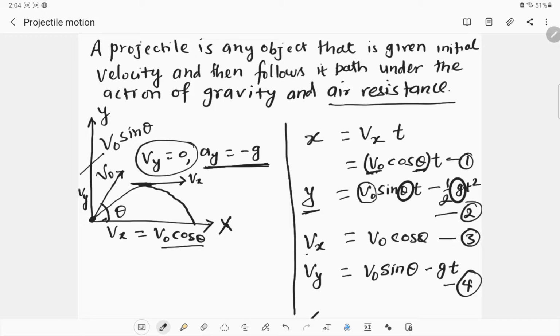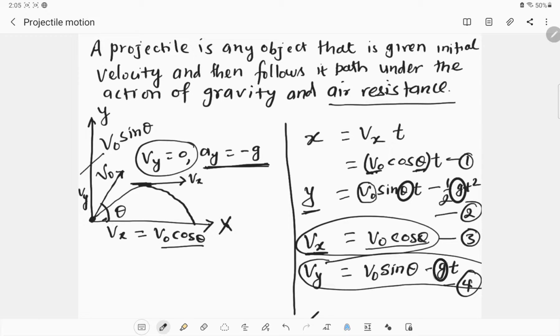The horizontal component of the velocity remains constant, which is v naught cos theta, and the vertical component of the velocity is determined by the acceleration due to gravity.